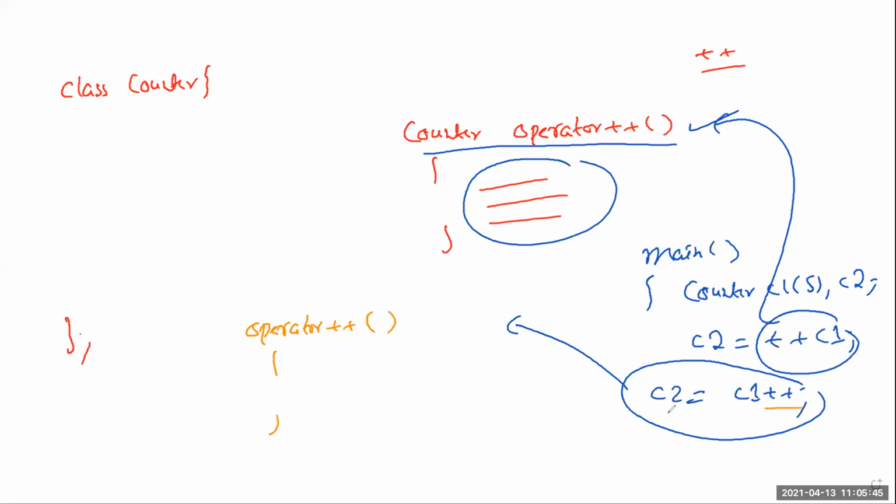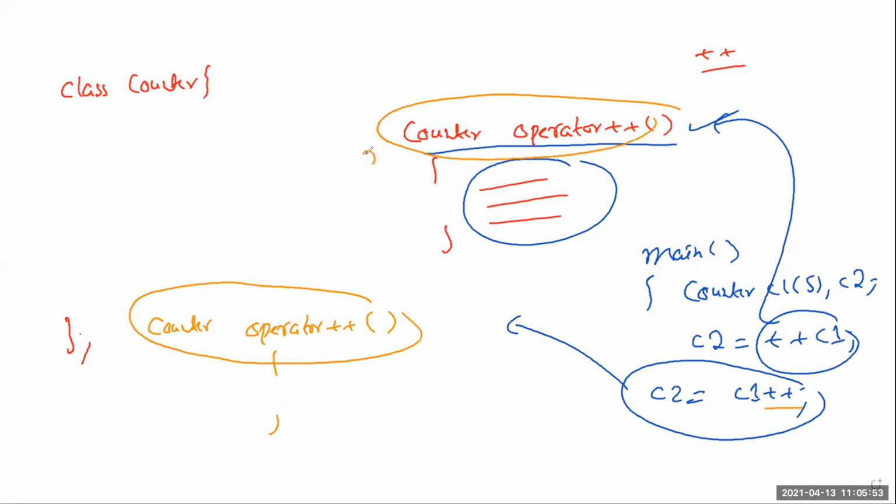The symbol is the same, so if I also use the same name, then this and this will be exactly the same. You cannot have two functions with the same name and the same number of arguments in the same program. Something has to be different, either the name of the function or the arguments. You cannot have two functions with exactly the same name in the same class.